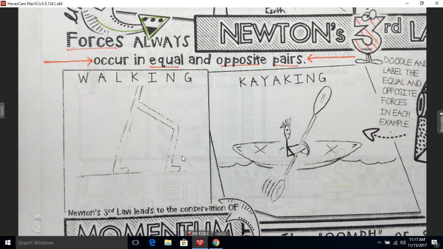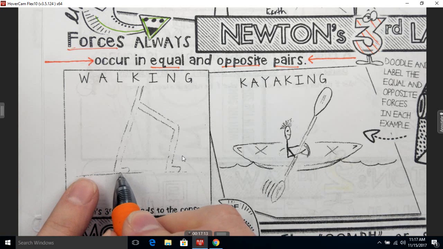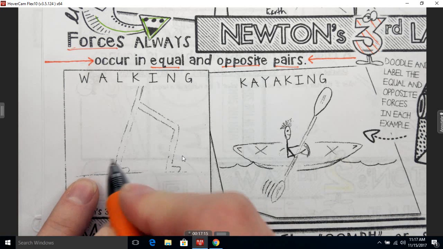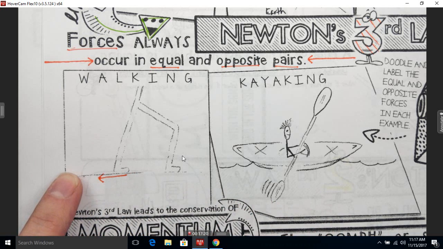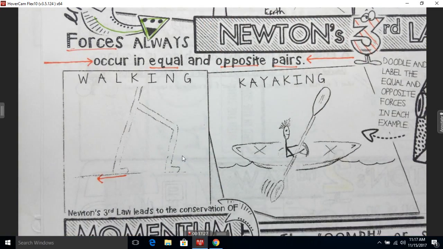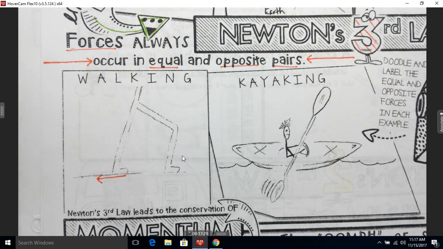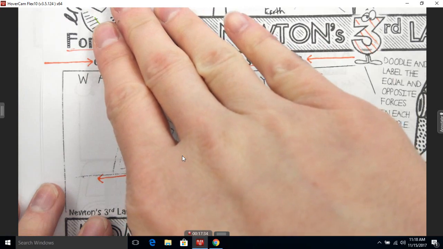Okay, so you probably didn't imagine that walking is Newton's third law. So, how this actually works is your foot pushes back. You didn't know that. Okay, look. I don't know how I can show this on that video, but this is our foot. You see my hand? We walk heel-toe.